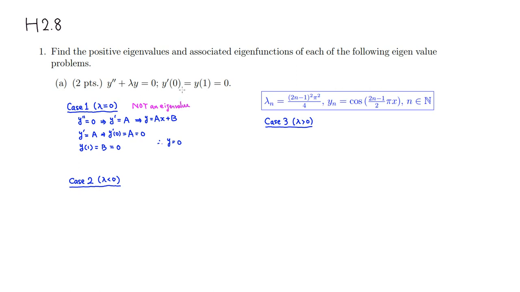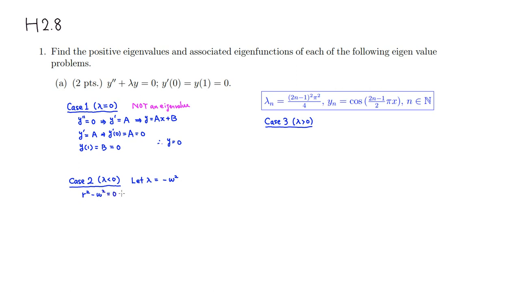How about can the eigenvalue be negative in this case? Since it's a negative number, for simplicity I'm going to let lambda be negative omega squared. That way we can do a characteristic equation: r squared minus omega squared is equal to 0.